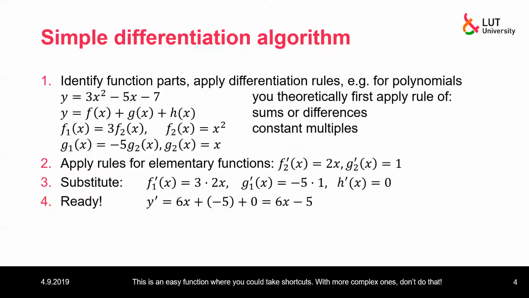And then if we really want to go to elementary functions, we can take the multiplier 3 out. So then f2(x) is just x squared. And same in the second case, we can take the minus 5 out, use the elementary derivatives, apply differentiation rules, and then we get our answer by substituting back.